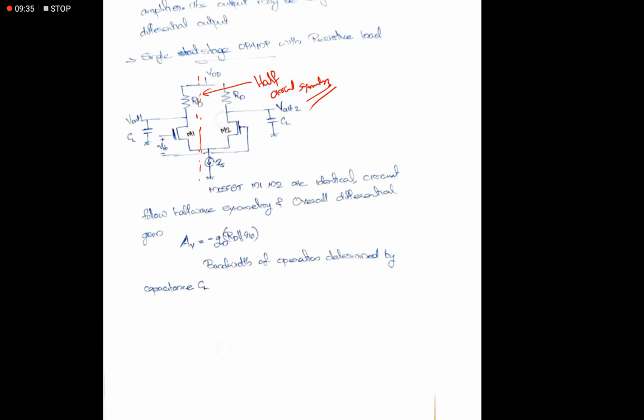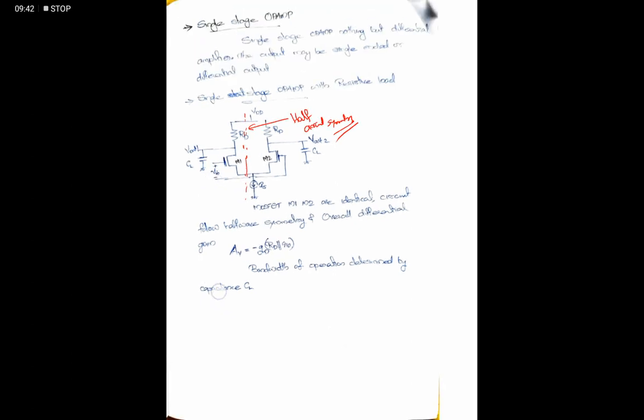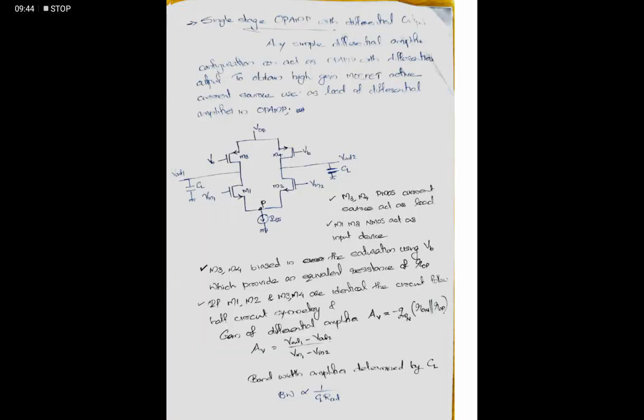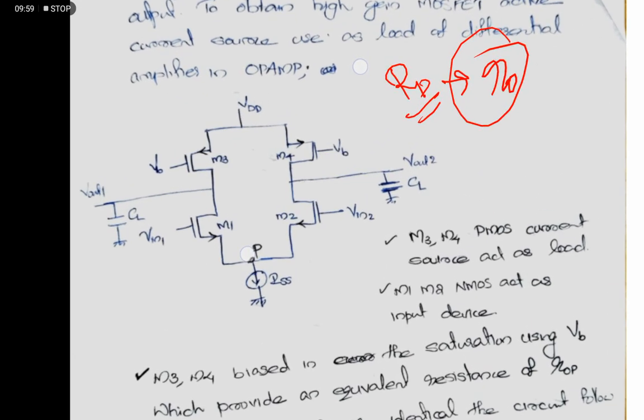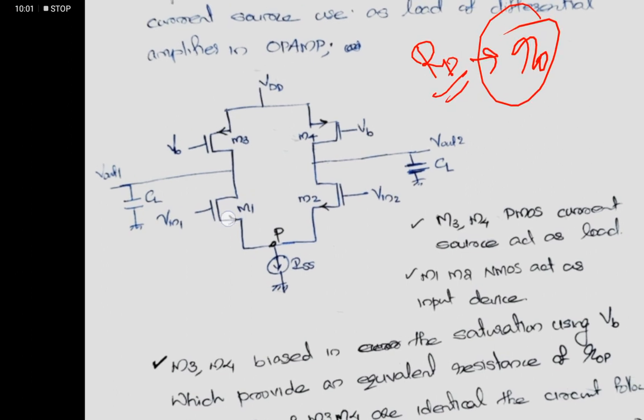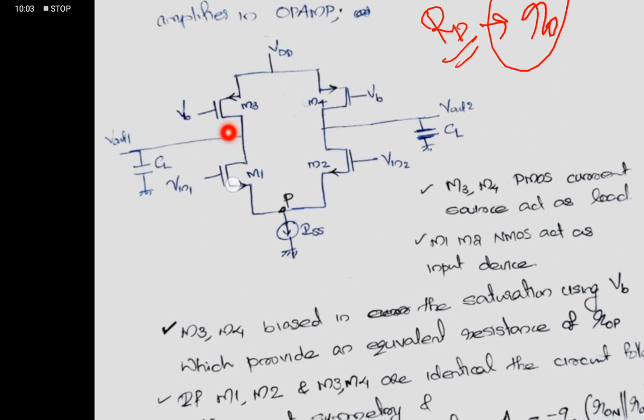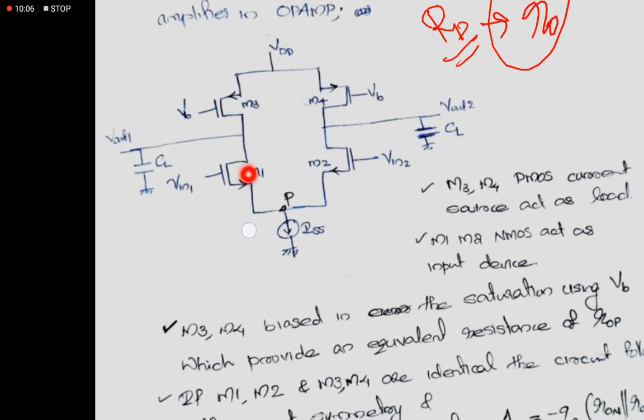The capacitor CL will limit the bandwidth of the operational amplifier. If we replace the resistor RD with a current source load, the RD value will change to the R0 of the connected device. For the current source load here we are using PMOS, and in the lower end we are using NMOS.